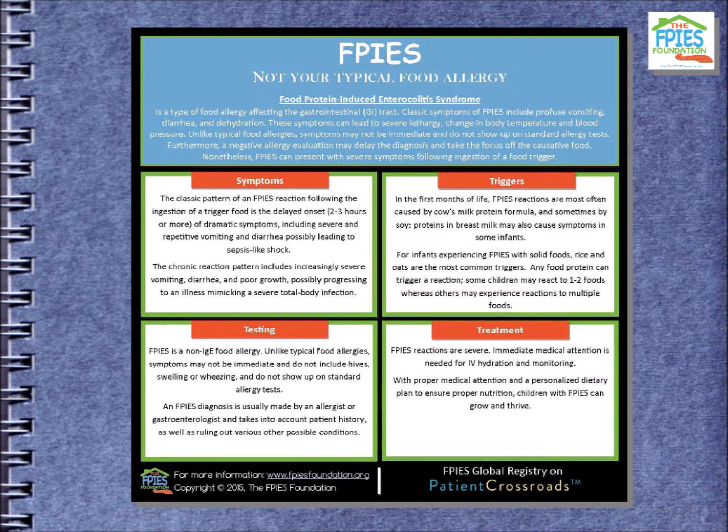And that's the other thing I want to mention really quickly: some children and infants who are affected by FPIES may have in their diet something called elemental formula, which is a form of medical nutrition. And if that is the case, then the parents will give you a little bit more background on that. But it's just something to keep in mind as you're going forward and looking to learn more about FPIES.